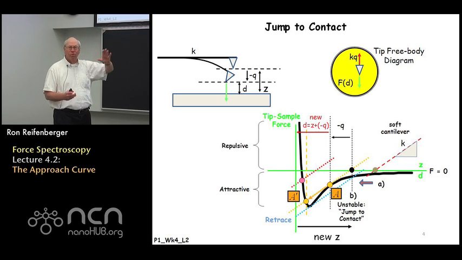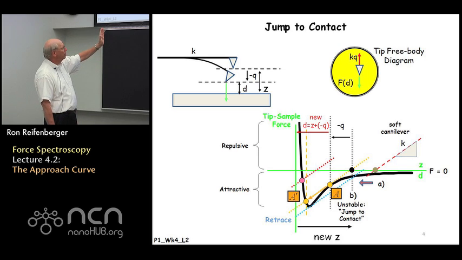And it's possible that after the cantilever is deflected, the cantilever position will be located by this gold dot labeled A on this slide. Now this gold dot labeled A is a special spot on the F versus D curve, because at that particular point, the slope of the cantilever exactly matches the slope of the F versus D curve.